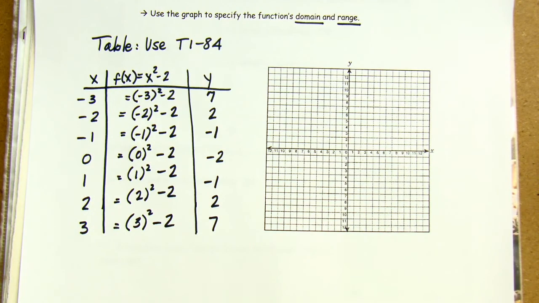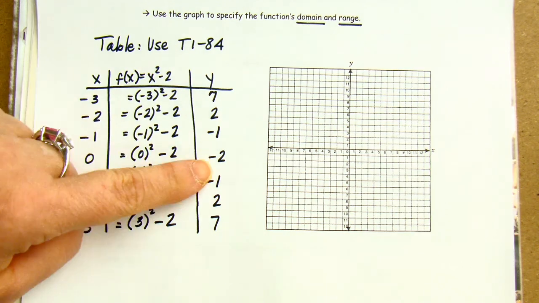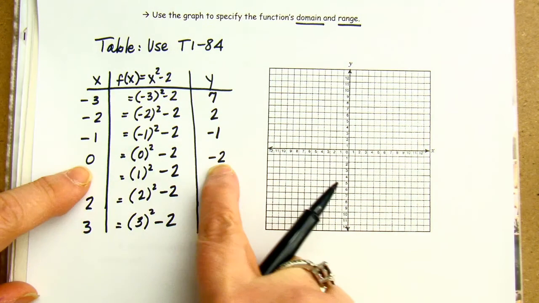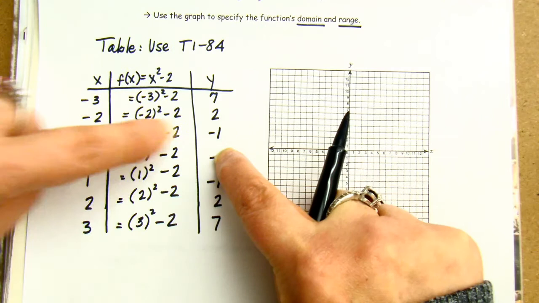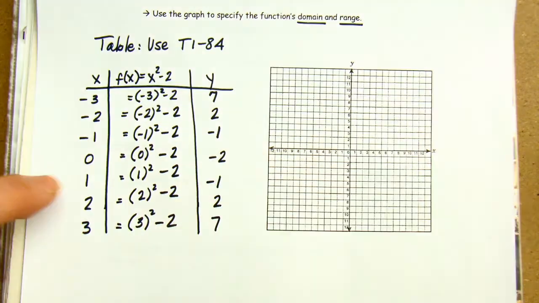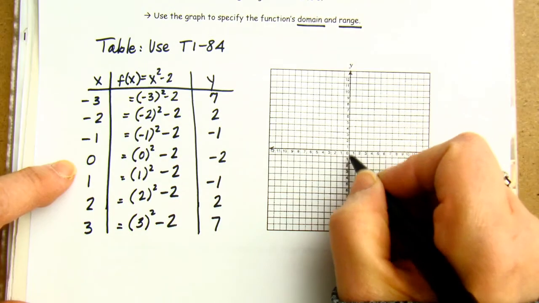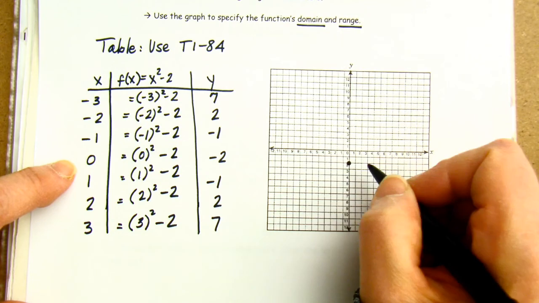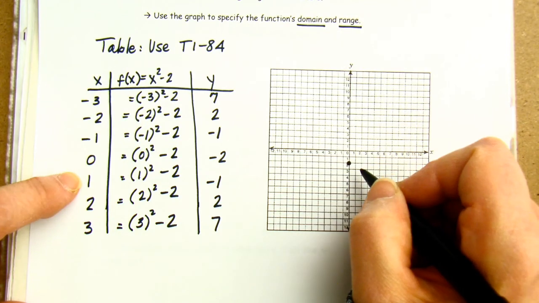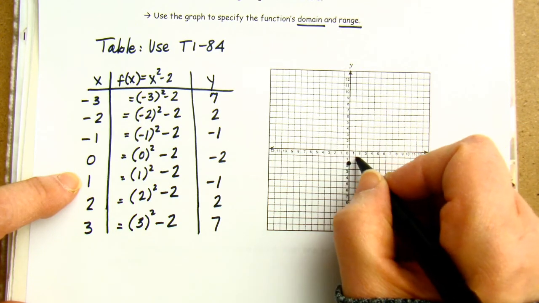All right. Now we're going to plot these ordered pairs. It's looking like this 0, -2 is my vertex because I see the symmetry here. So x is 0, y is -2. And then I've got a +1, -1.